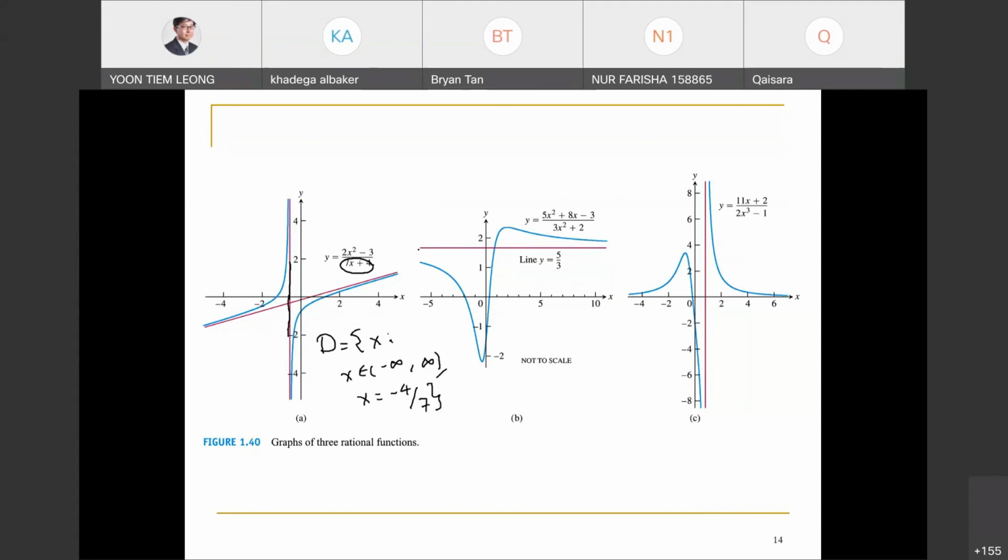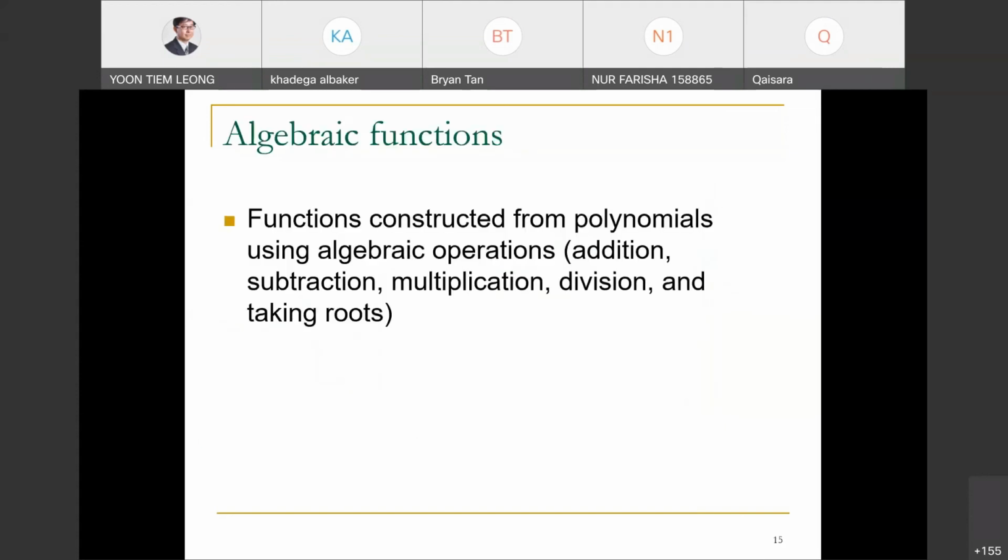Here this is called the asymptote: horizontal asymptote, vertical asymptote, and this line is called the oblique asymptote, which we will be talking about later, but not at this point in time. Okay, I have a few more minutes to go.